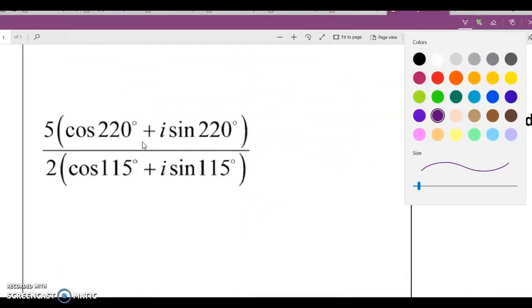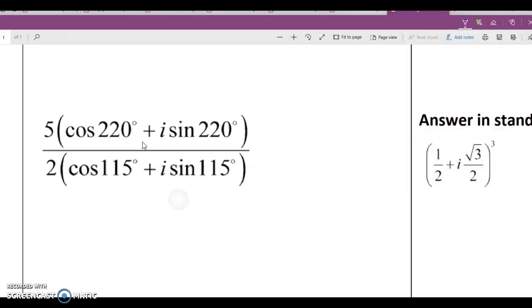All right. So our top number is our z1. This is z2. So this is r1, r2. This is theta 1. This is theta 2.